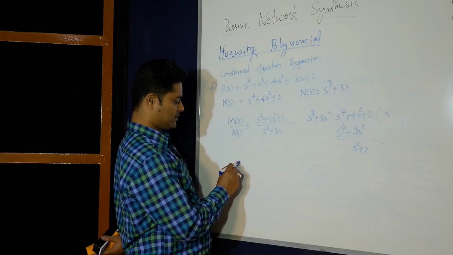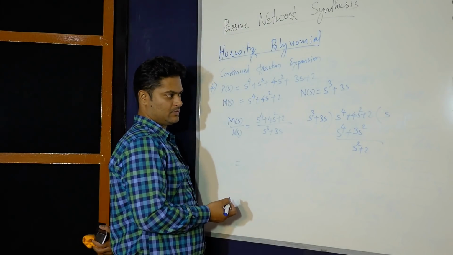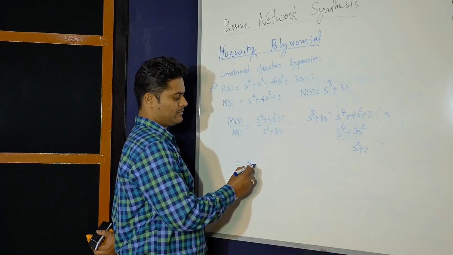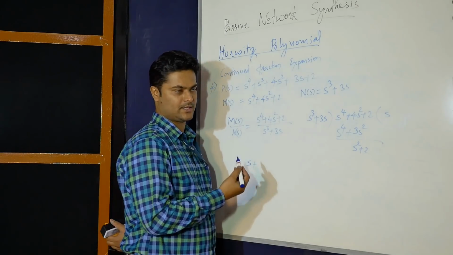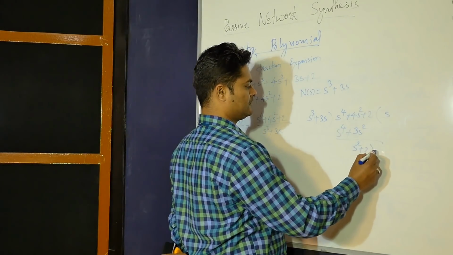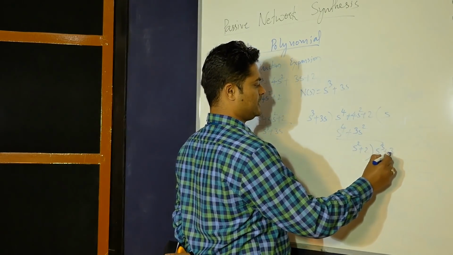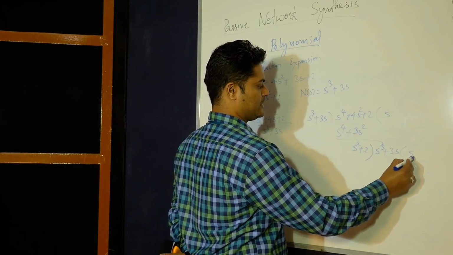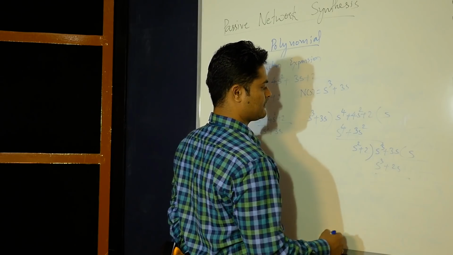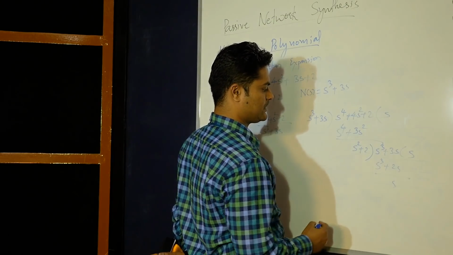Now, when I did the expansion, the first element gave me alpha 1, that is 1s. So now I have to divide this from this. S cube plus 3s. Yes, I have to multiply, s cube plus 2s. This is s.